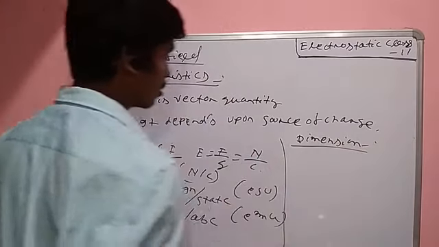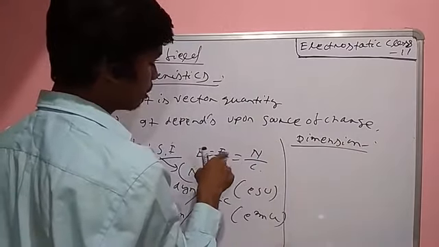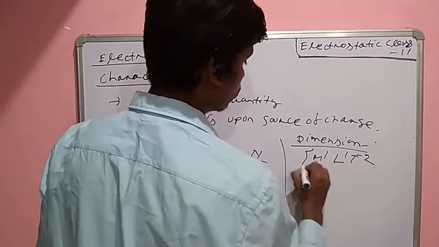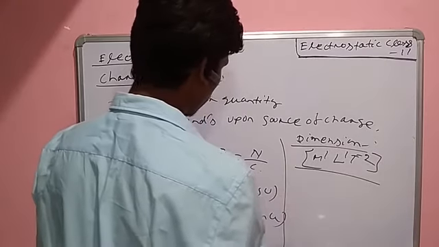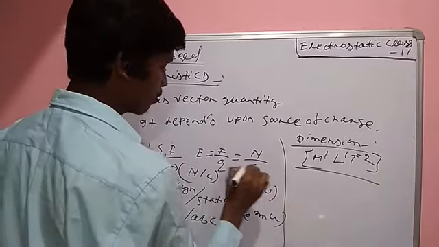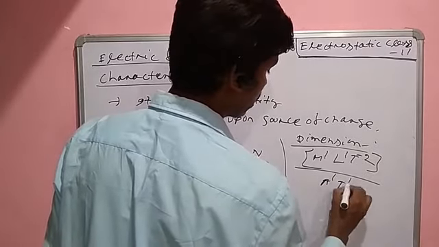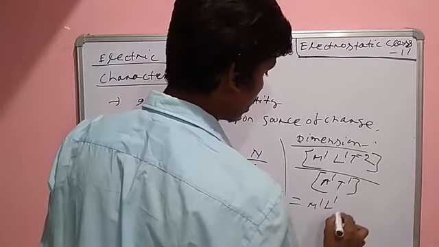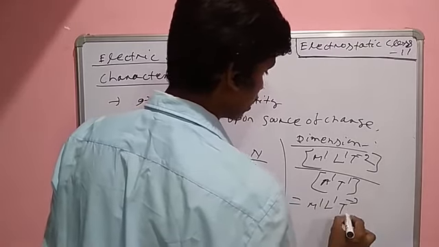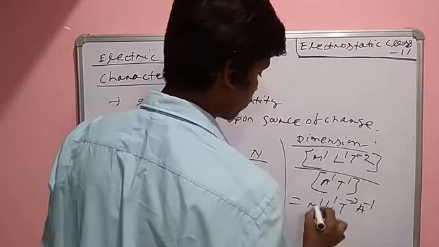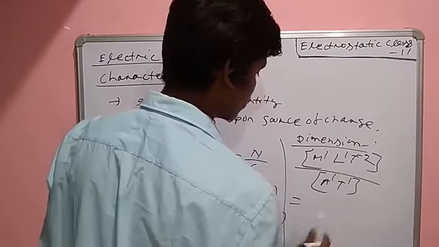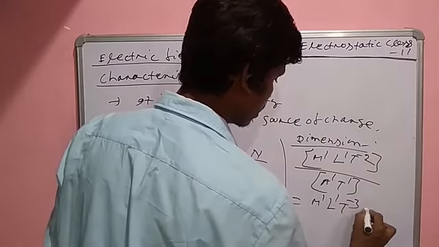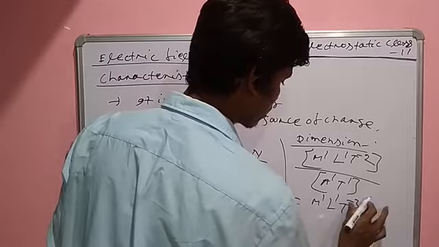The dimension is equal to F/Q. The force has dimension M1 L1 T^-2, divided by coulomb, which is A1 T1. So the dimension is M1 L1 T^-3 A^-1.